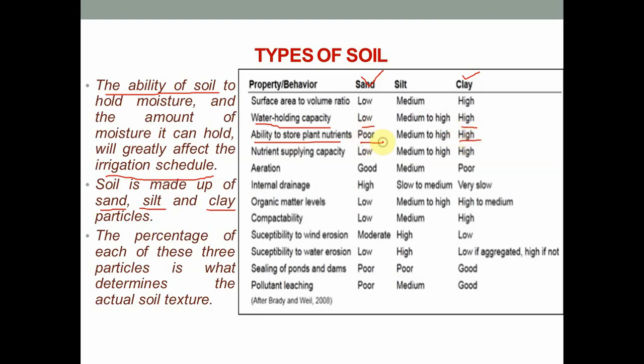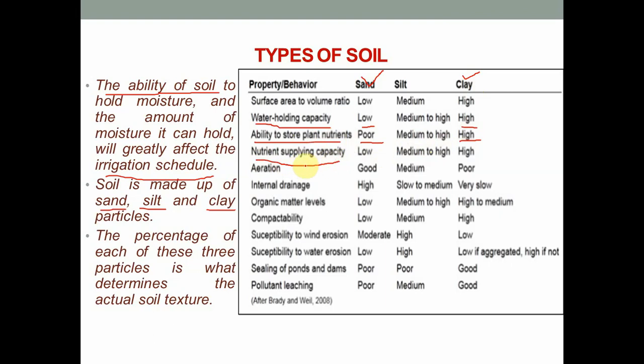In sand it is very poor. So if our soil contains more clay, then that soil has greater ability to store plant nutrients. But if our soil has more sand particles, then it has very less ability to store plant nutrients.